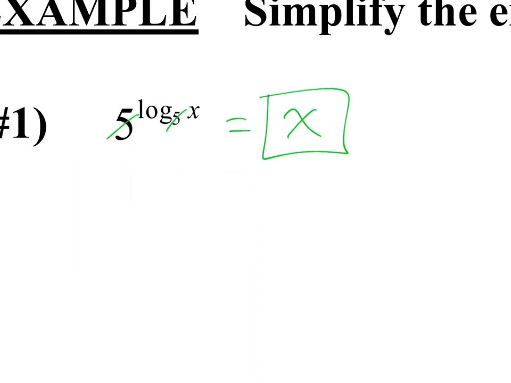This is saying 5 to the what equals 5 to the x. So basically what I'm trying to say is that an exponent to a log is kind of like x squared to the 1/2, or the square root of x squared. It's basically going to cancel out the square root. So that's why they cancel out, okay?